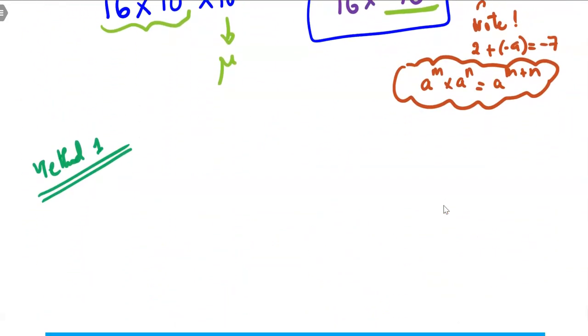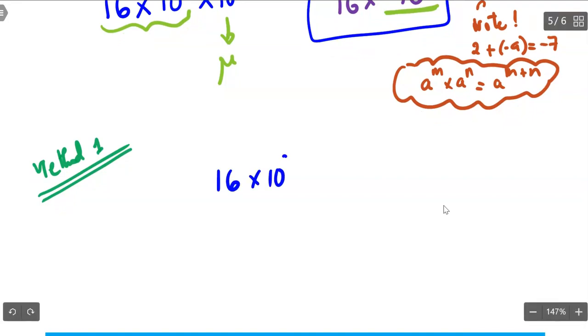All right, so the 7 zeros that we are talking about. Here is the 16, so we have 16 times 10 to the negative 7. So what I will do is I write 16 and then I start moving my decimal point. The decimal point is here. I go 1, 2, 3, 4, 5, 6, 7.